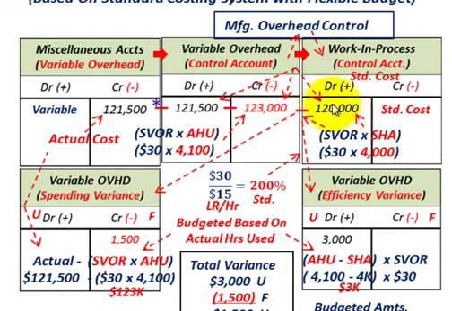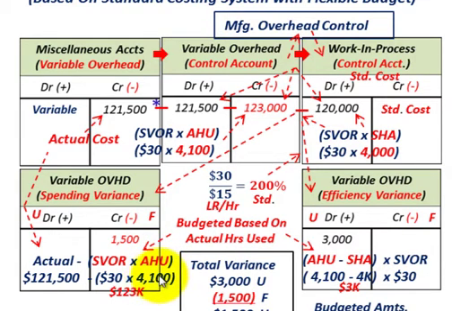Okay, so now let's look at this $120,000 in standard cost versus our actual cost of $121,500, and see how it's split up between our different variances. Starting with our variable overhead spending variance, we take our actual amount of $121,500 and subtract from it our standard variable overhead rate of $30 per hour times the actual hours used of 4,100 hours.